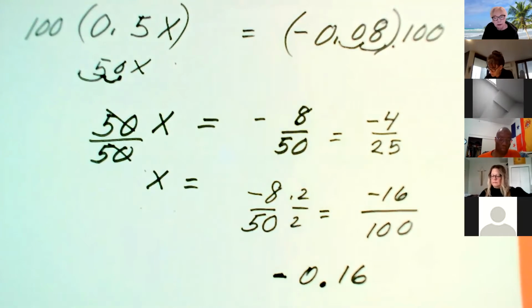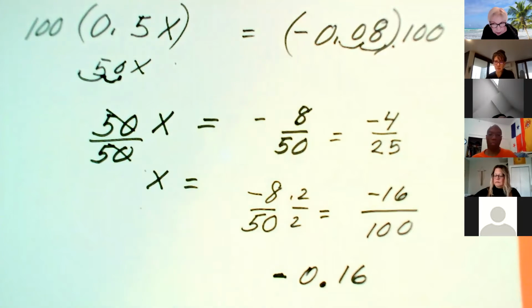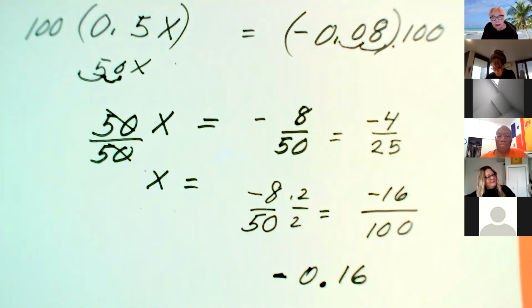So all this finagling that I've just done may or may not appeal to you, but it might appeal to some. And so when decimals become a problem, removing them might be a good thing to do, making the problem simpler.